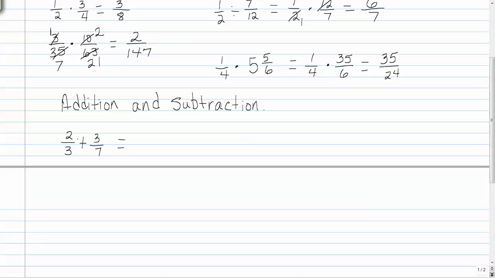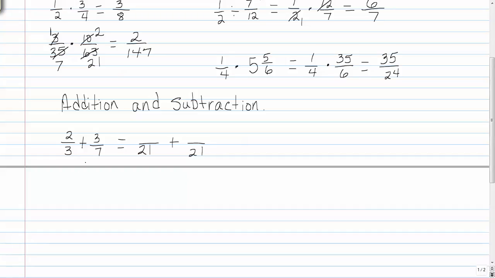Now you can't add those together like they are right now because they have two different denominators. So we need to find a common denominator. So to find a common denominator for 3 and 7, we look for a number that 3 and 7 will both divide into, and that would be 21.